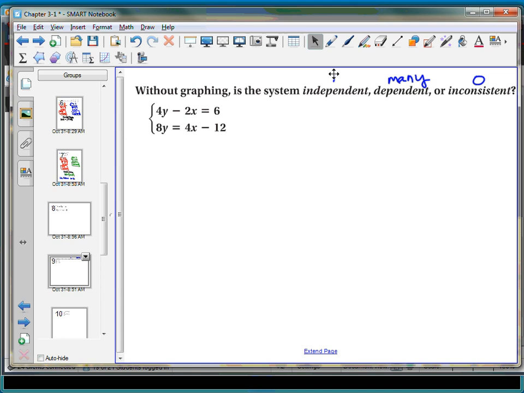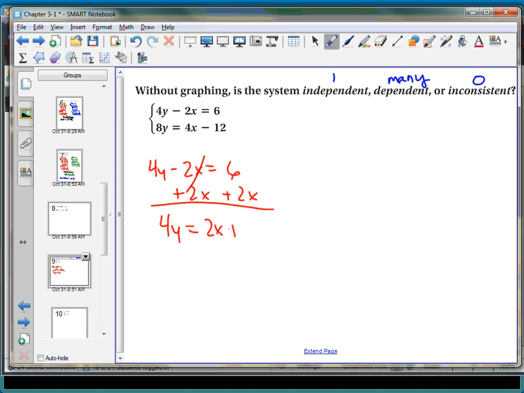Do my steps change? My steps don't change. I still have to solve for y. So 4y minus 2x is equal to 6. I'm going to add the 2x. So 4y is equal to 2x plus 6.